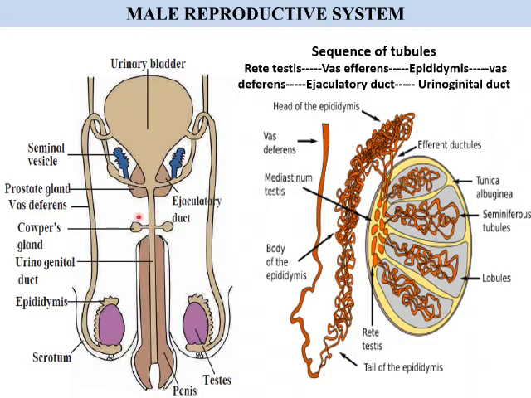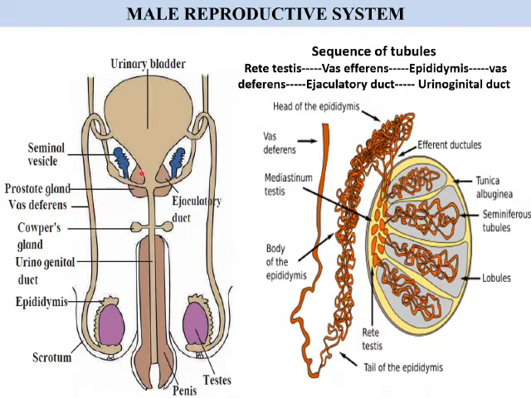After that, we have the urinogenital duct, and finally we have the penis. We have an ejaculatory duct, but it is not this one. This is the prostate gland. We have already seen the labeling. The ejaculatory duct is here. It is formed by the union of the seminal vesicles and vas deferens.